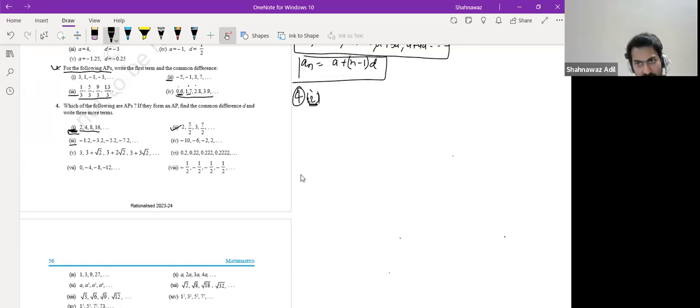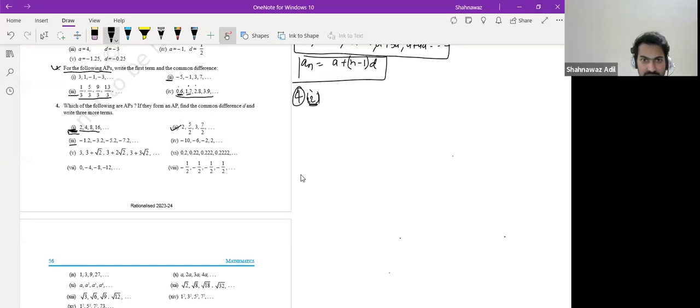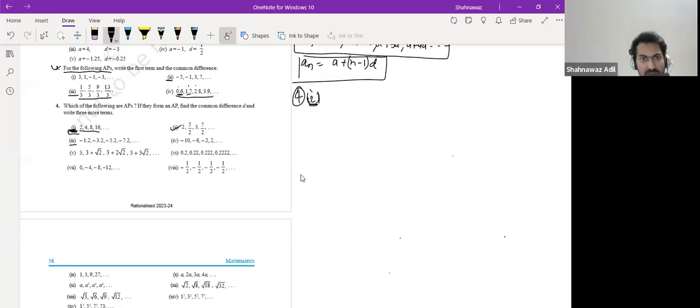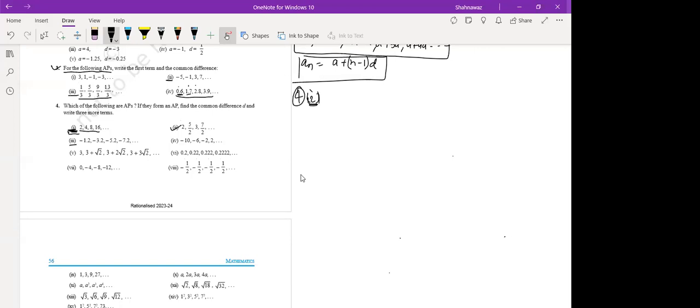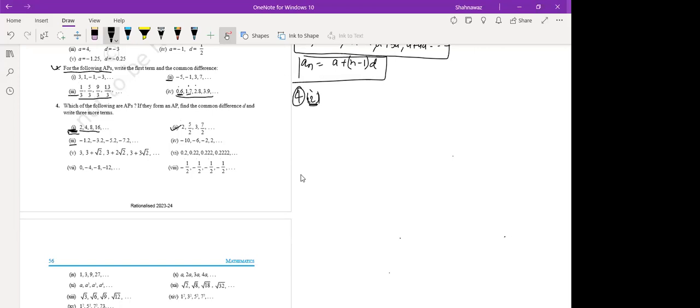What thing should be the same so that it represents an AP? Yes, the difference should be the same. Common difference, right? So just remember this.